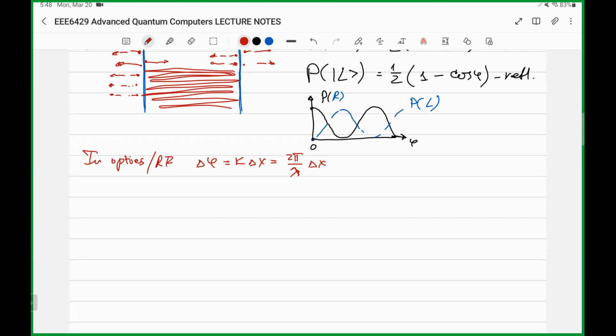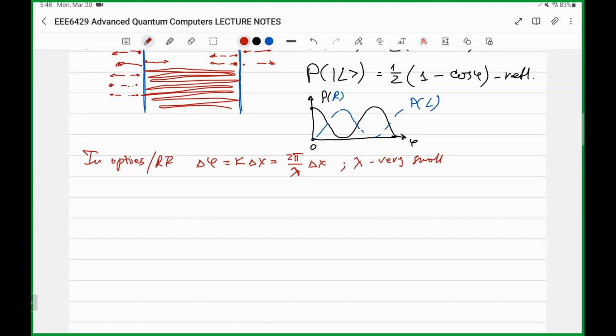So the wavelength of a wave is very small. For example, in optics, it is like 500 nanometers. We even cannot resolve these variations or these objects in a conventional optical microscope.